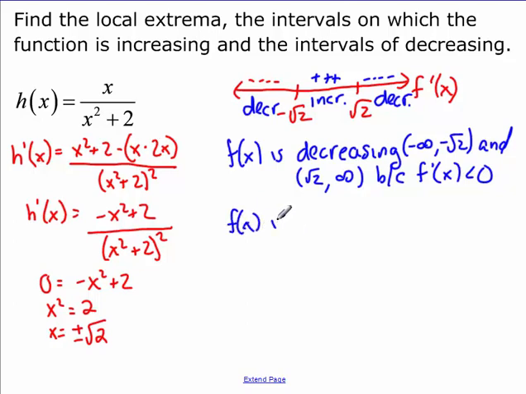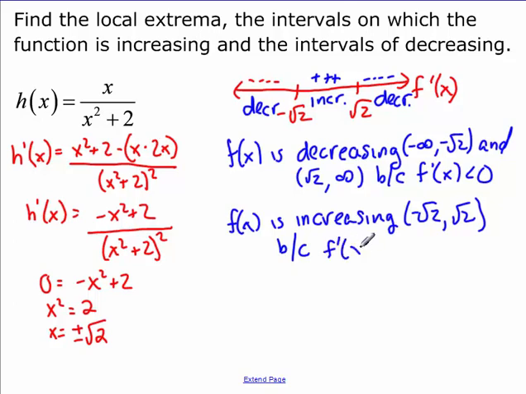F of x is increasing on our interval from -√2 to √2 because f prime of x was greater than 0.